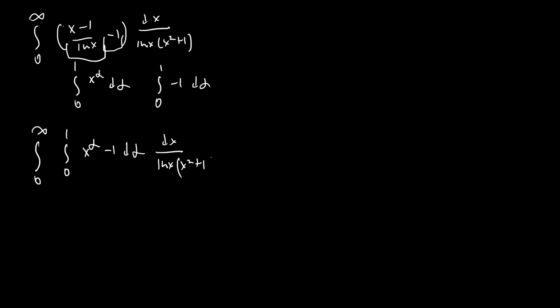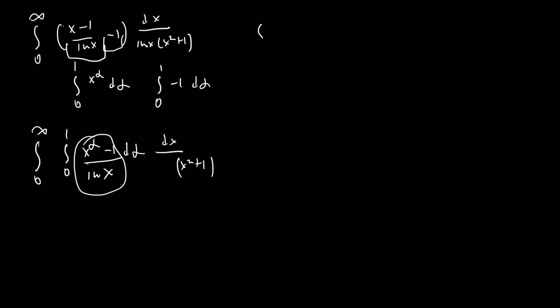And now, the cool thing is that this is actually almost exactly what we just had a moment ago. If I go ahead and bring in this ln x, which we can totally put inside since x is constant with respect to alpha, now we have another situation just like this. So let's go ahead and plug that in as well.